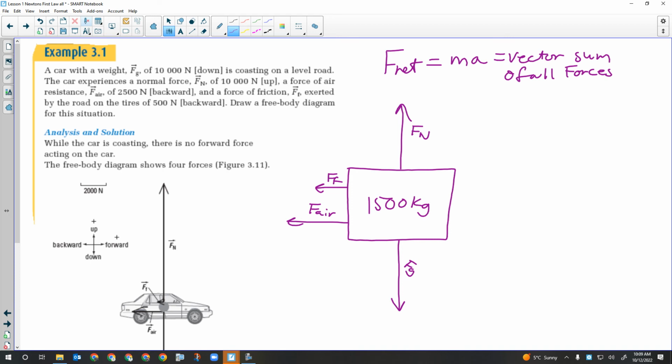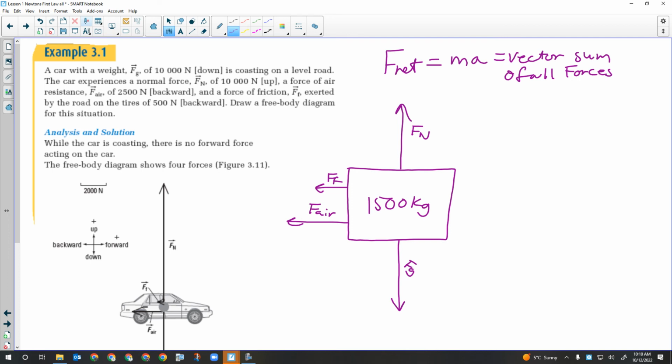Can I do the vector sum of all forces? Yes. Because the forces are all collinear, I don't need to draw a vector diagram of this.